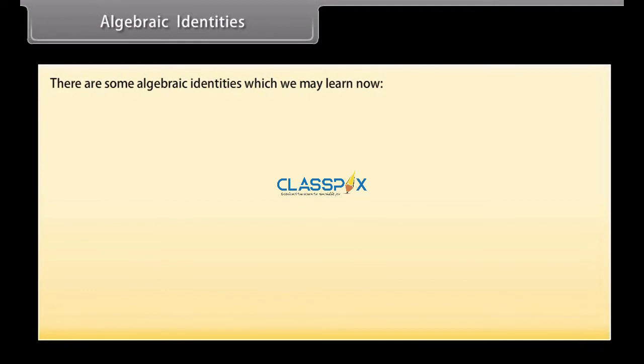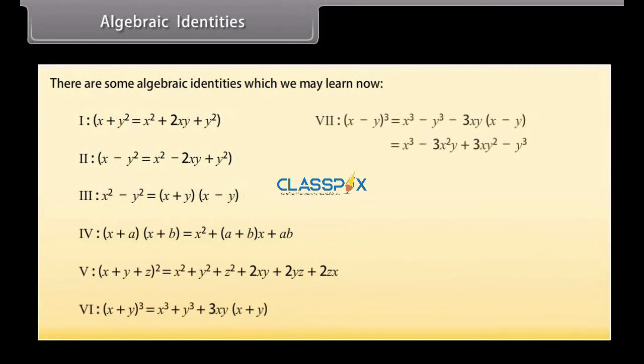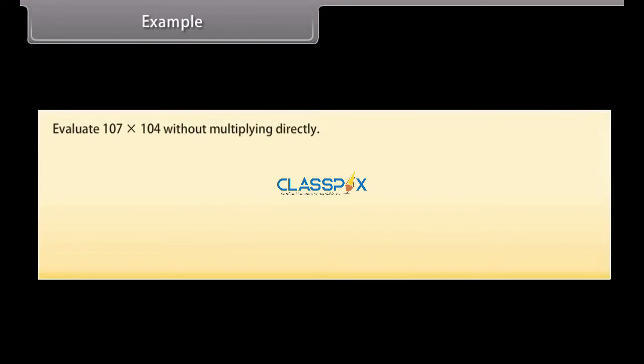Algebraic identities. There are some algebraic identities which we may learn now. Example. Evaluate 107 × 104 without multiplying directly.